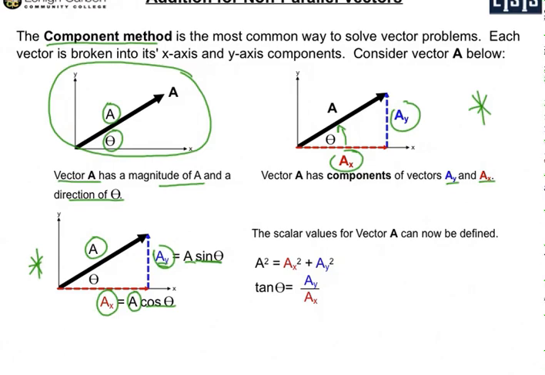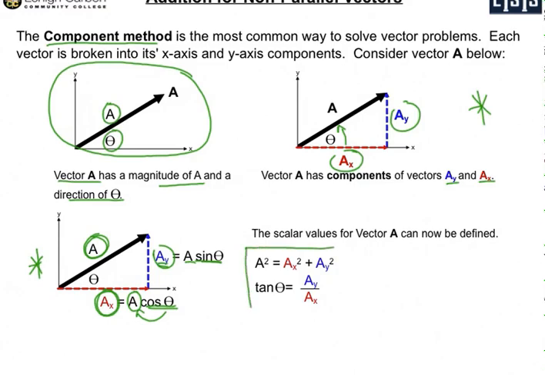As I said, in your problems, you may not know A, but you may know what AX is. And from that, knowing the angle, you can solve for A. So you're going to get all different types of situations where you'll get some information and you'll have to figure out the rest.